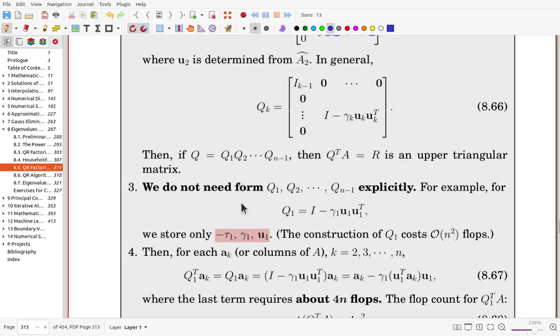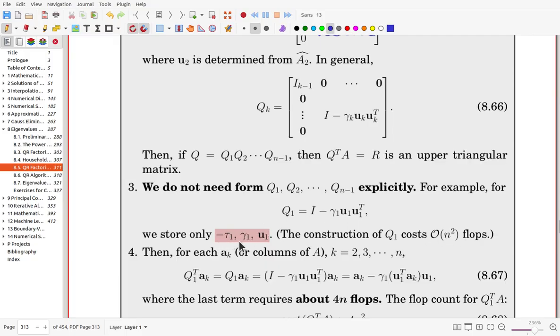But in this computation, we don't need to form Q1 to Qn minus 1 explicitly. For example, for Q1, that is identity minus gamma 1, u1, u1 transpose, rather than formulating Q1 explicitly, we save only minus tau 1, gamma 1, and u1. If you form Q1 explicitly, then the cost is order n squared.